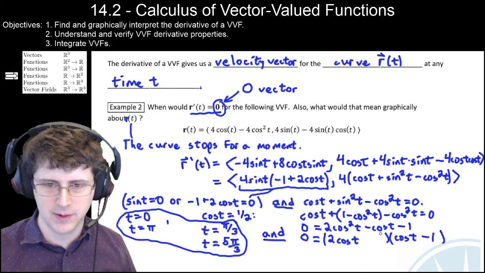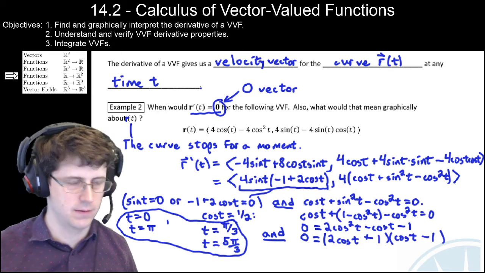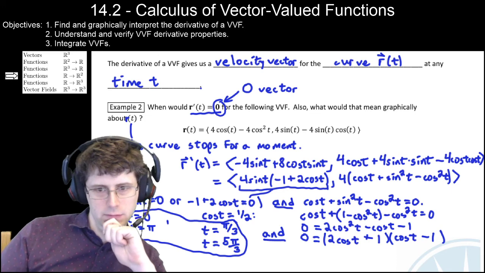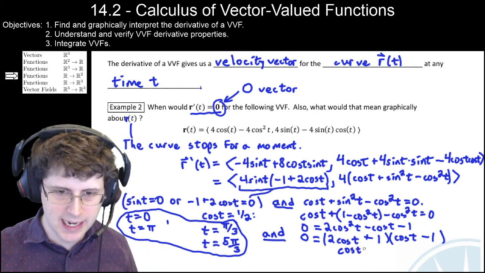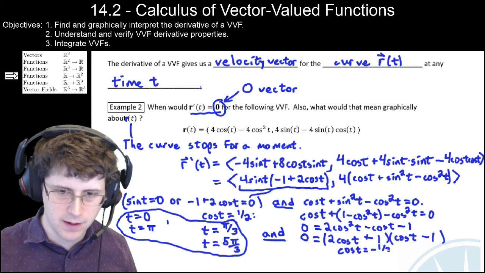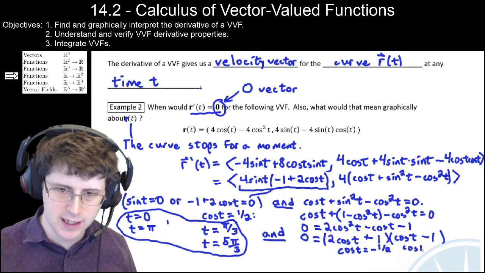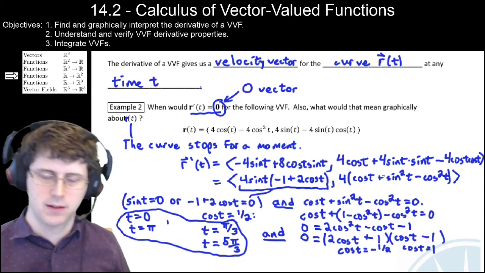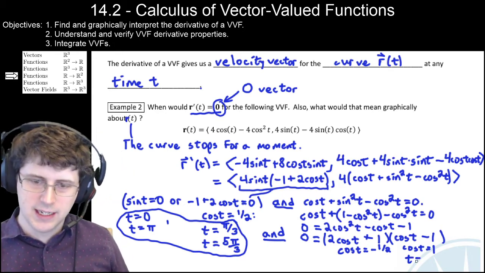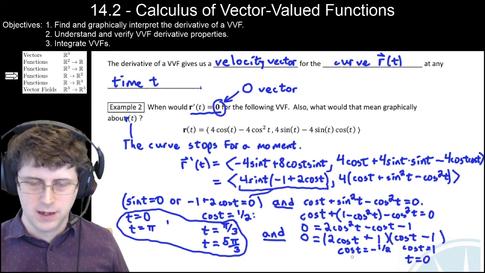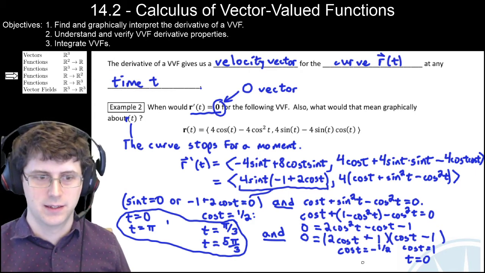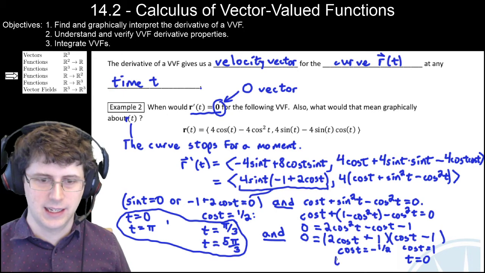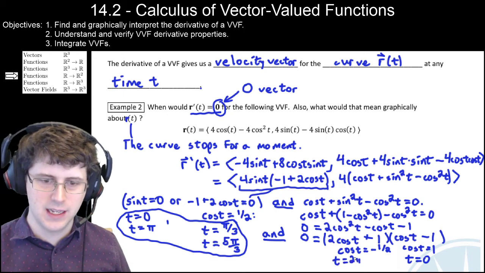Looks like maybe this way works. Yep. So this one is cosine t equals minus a half, or cosine t equals 1. So this is at t equals 0. Cosine t is minus a half. That's like 2 pi over 3 and 4 pi over 3.